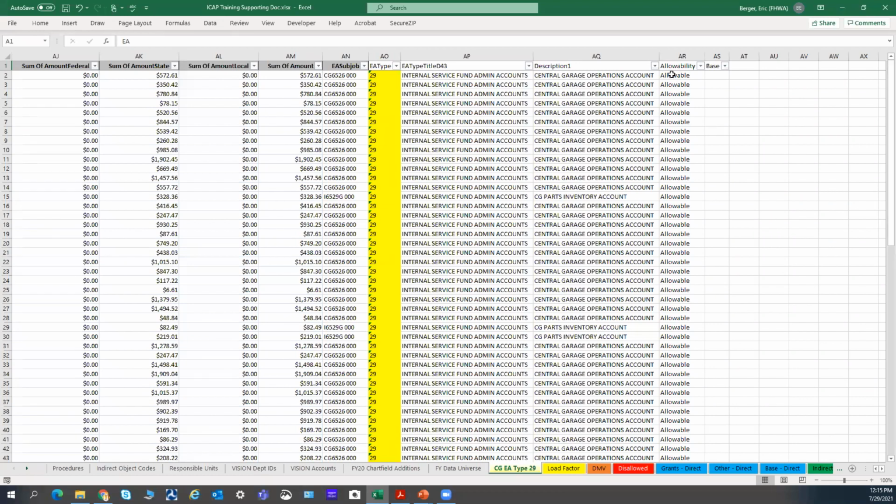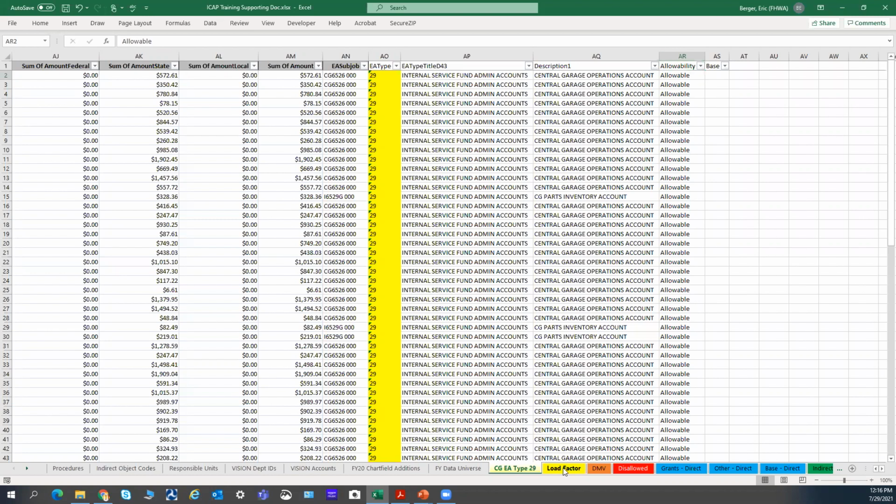Now, even though these are allowable, because they would have been allowable under the cost principles, excluded and allowable are two different things. So these were tagged as allowable cost under the cost principles, but not for the purposes of developing the ICAP, because this turned into an exclusion and not an unallowable.